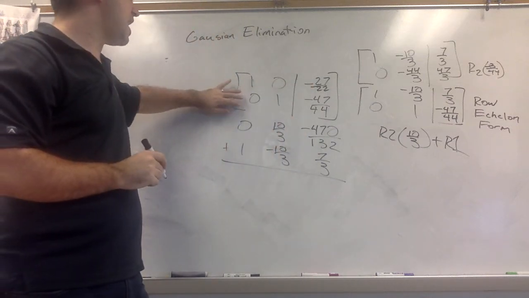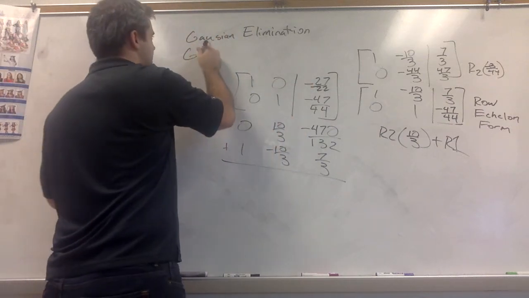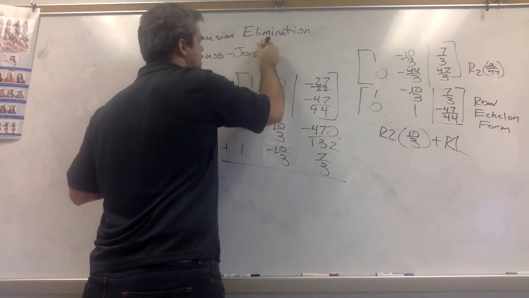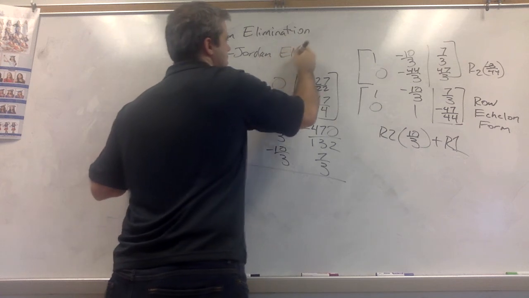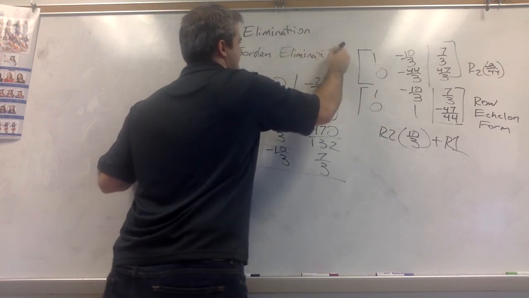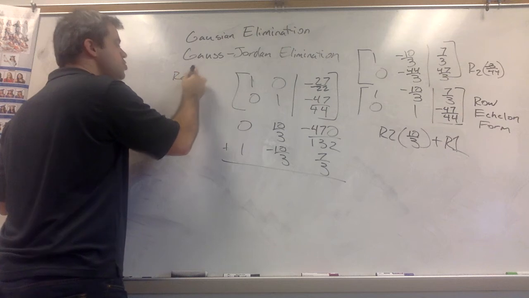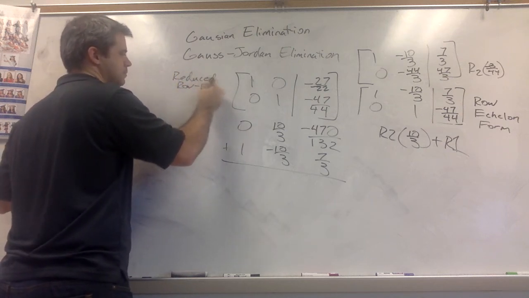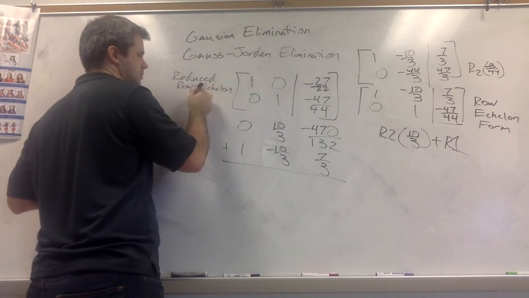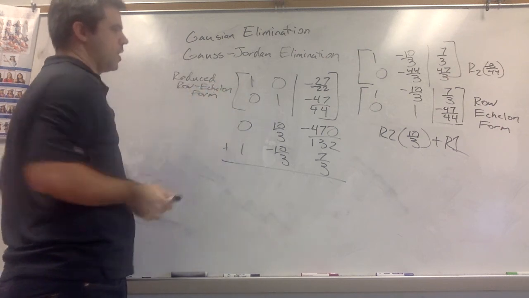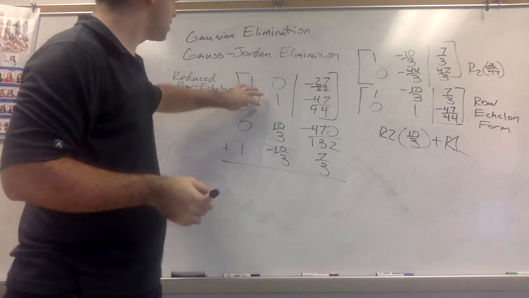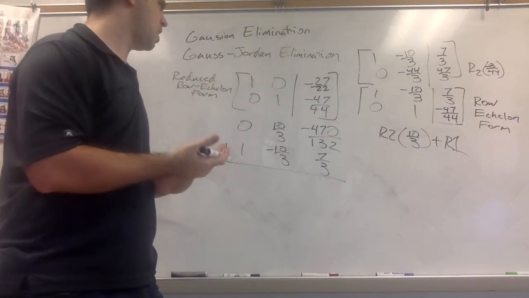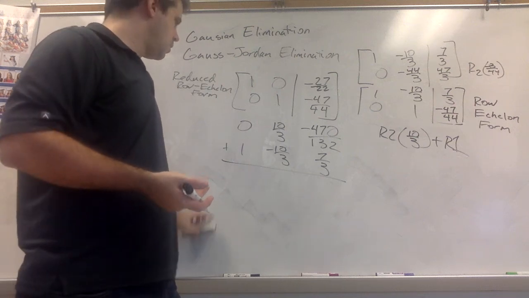Again, this is after we've done Gauss-Jordan elimination, and this is called reduced row echelon form, where not only do I have these 1s with these leading zeros here, but also above my 1s, we have zeros.